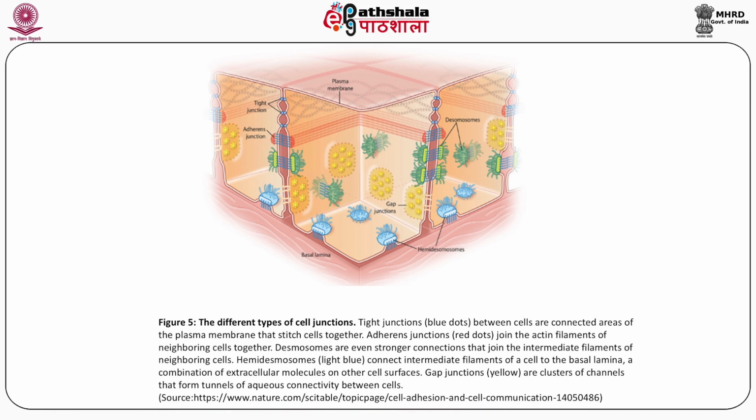The adherens junctions are linked to a band of actin and myosin filaments, which are shown as horizontal red lines running parallel to each other along the inside of the cell membrane.